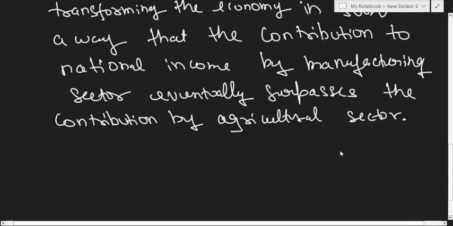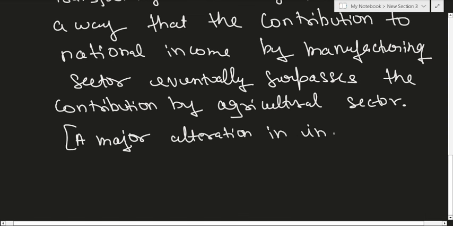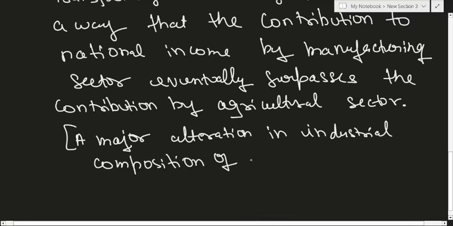So we are basically altering the composition of the economy. This is a major alteration in the industrial composition of any economy.